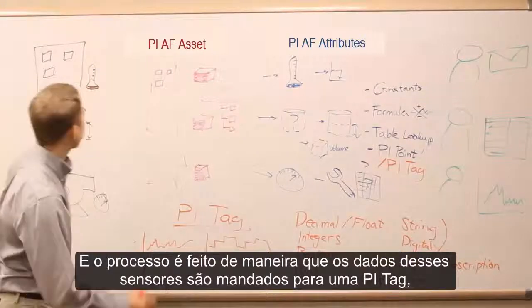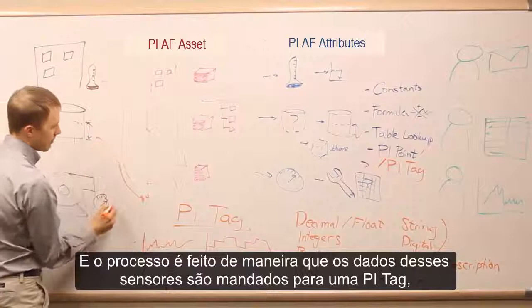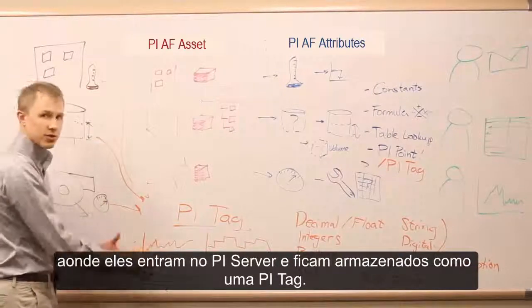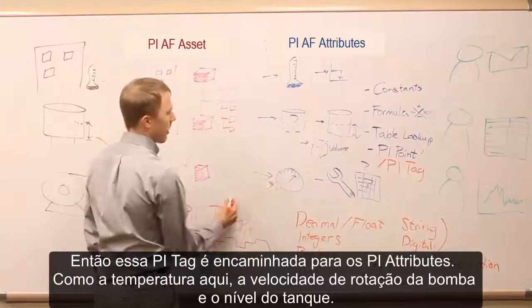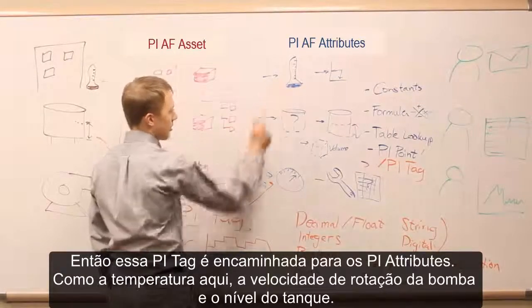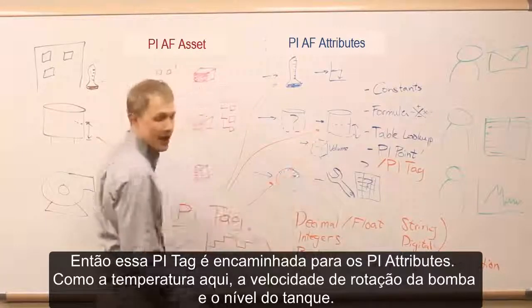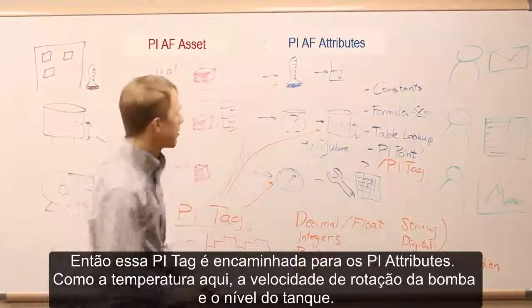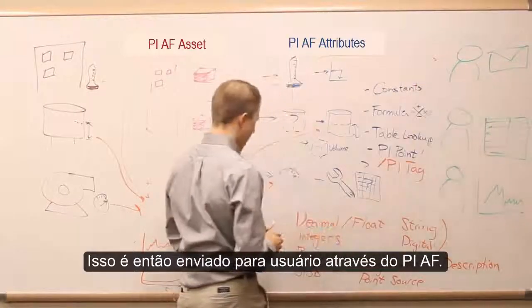And the way this works is that those sensors are sent over to a PI tag, where they enter a PI server and they're stored as a PI tag. And then that PI tag is forwarded on to the PI attribute, so the temperature up here, the RPMs of the pump, the height of the tank, and then that's sent on to the user through PI AF.